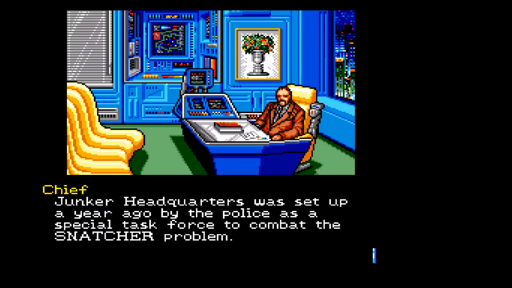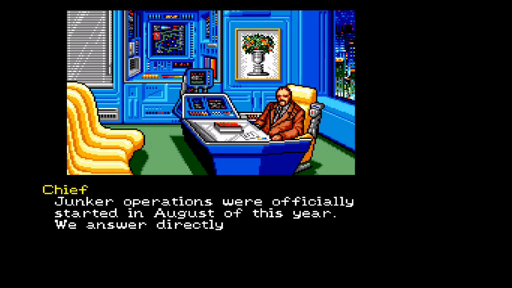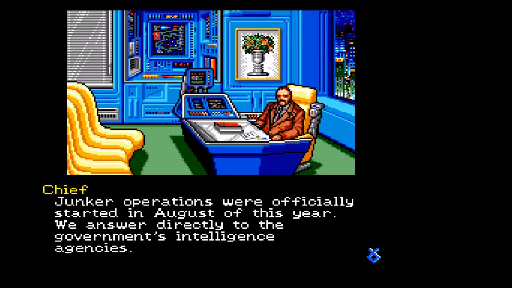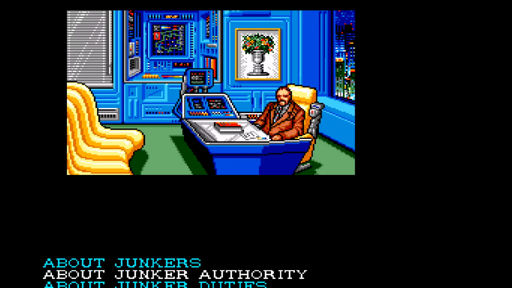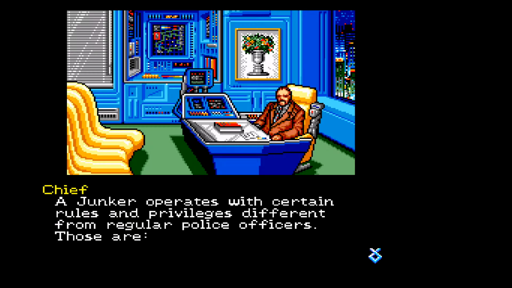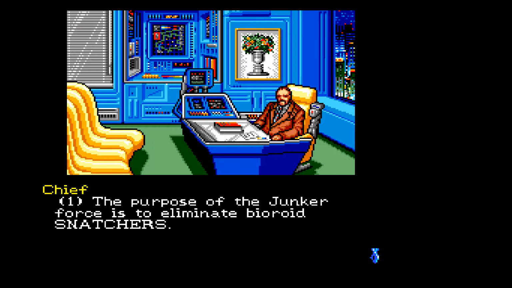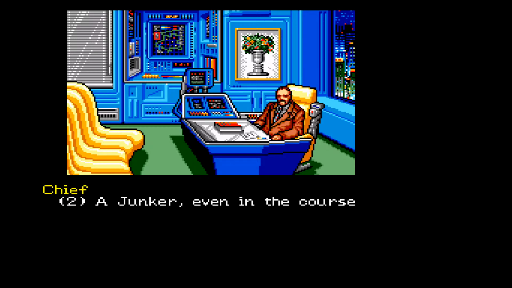Junker headquarters was set up a year ago by the police as a special task force to combat the Snatcher problem. Junker operations were officially started in August of this year. We answer directly to the government's intelligence agencies. A Junker operates with certain rules and privileges, different from regular police officers. Those are: 1. The purpose of the Junker force is to eliminate the Bioroid Snatchers. 2.